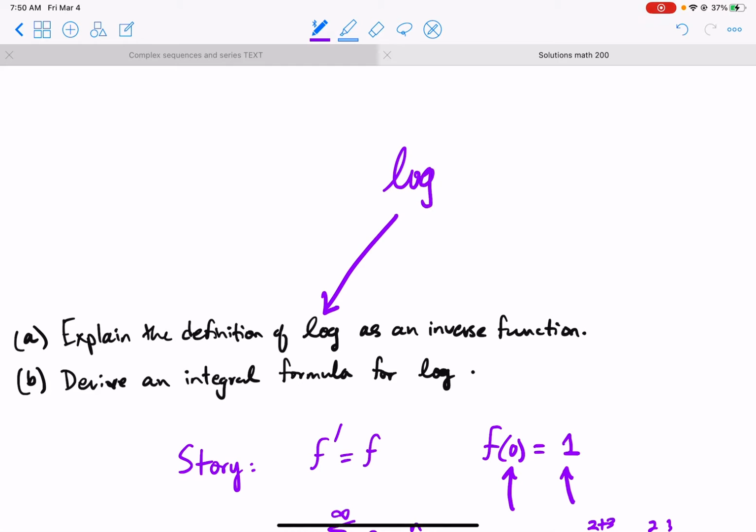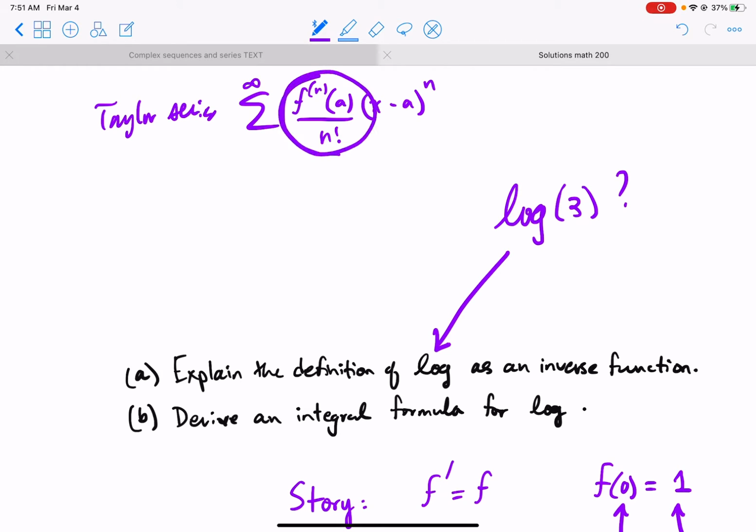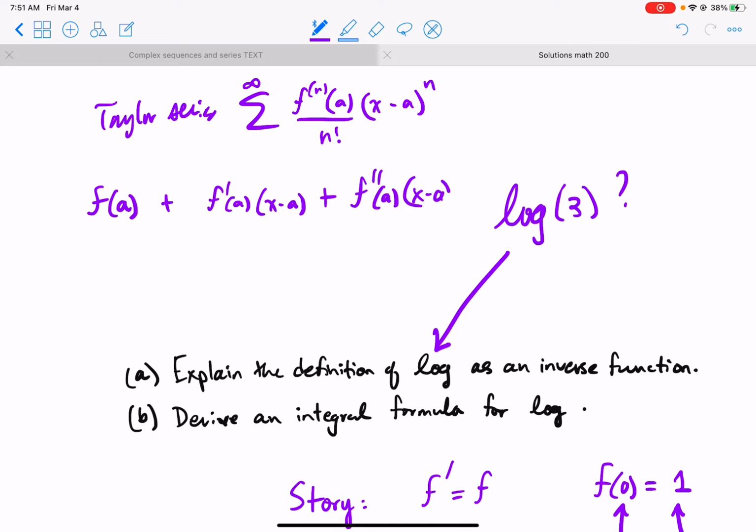Does anybody know what the log of 3 is? You might object and say, oh, we have Taylor series. That's something like the nth derivative evaluated at a point A. And the problem is, when n equals 0, you need to be able to evaluate your function at A. Then you can take the derivative times x minus A. Then you can take the second derivative evaluated at A times x minus A squared over 2 factorial, plus and so on.